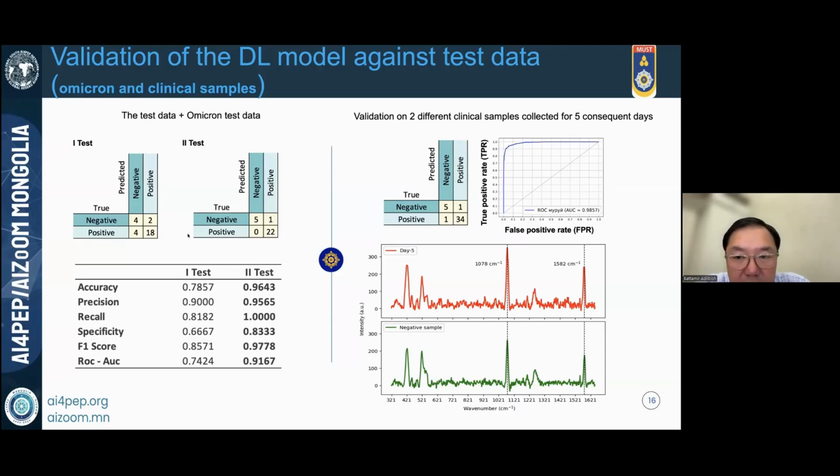In the second test, using the same samples, we tested the deep learning model. The deep learning model correctly identified all samples, showing much better performance.